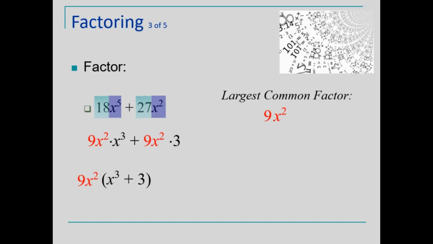We see that this binomial has been factored completely, since the only common factor remaining between these two terms is 1. To check the factoring, multiplication should yield the original polynomial.